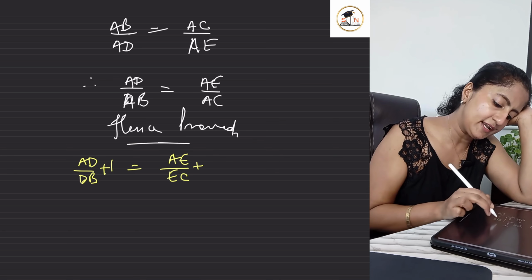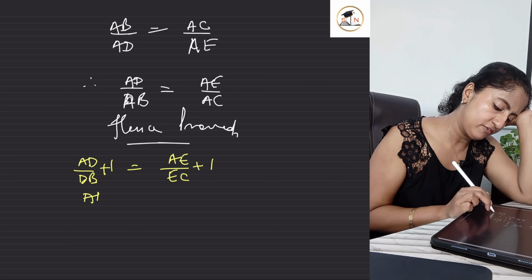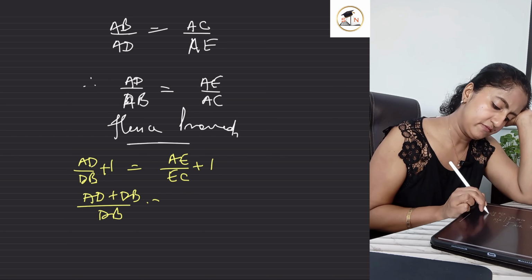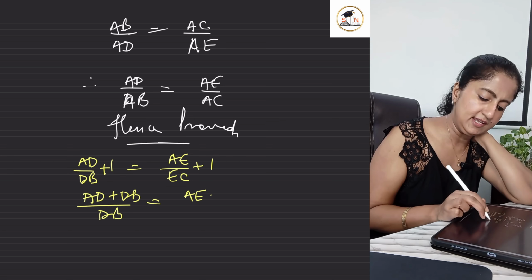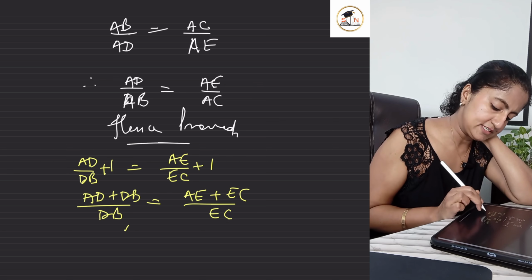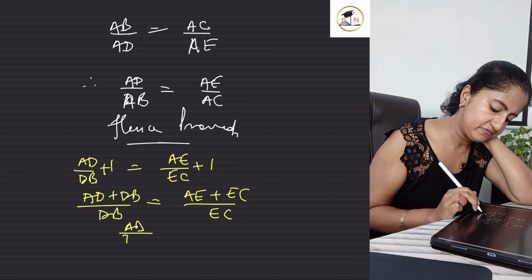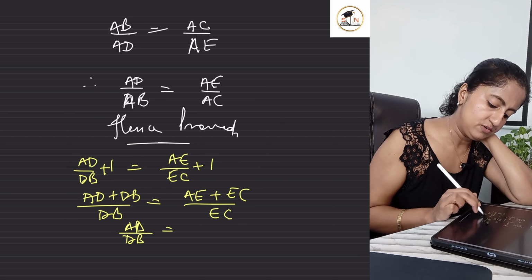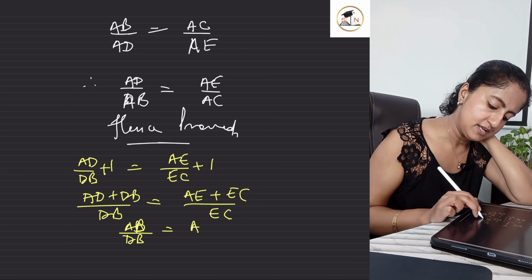Now, if I'm adding 1 over here, what we will do? AD plus DB over DB equals AE plus EC over EC. This is going to give us AB over DB equals, this is AB I have written, and this is AC over EC.